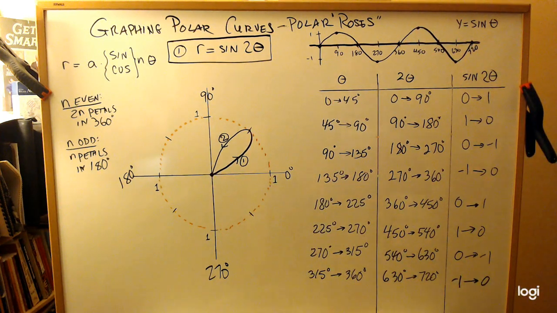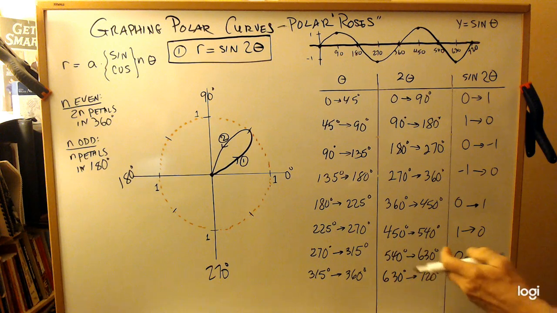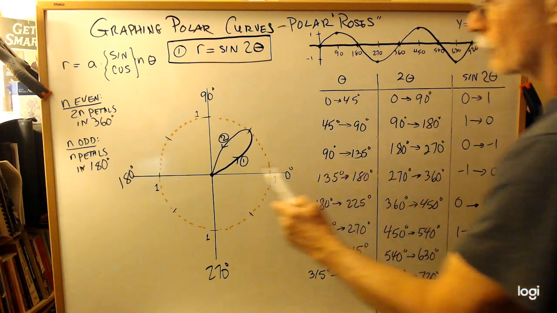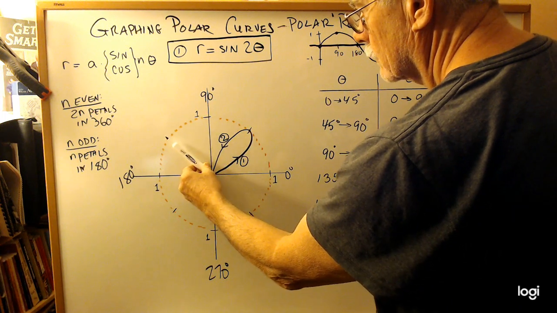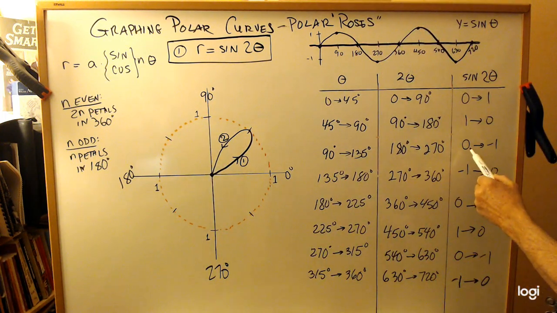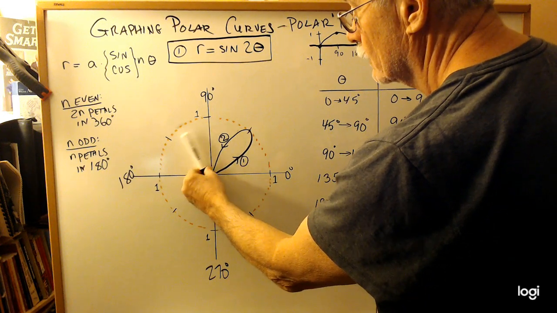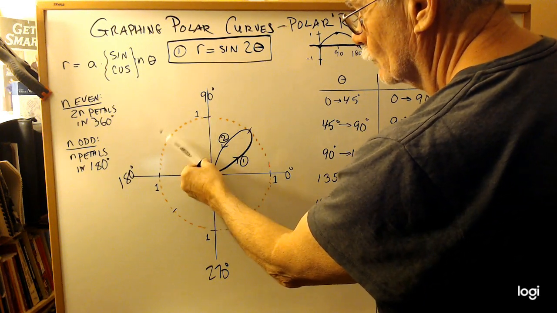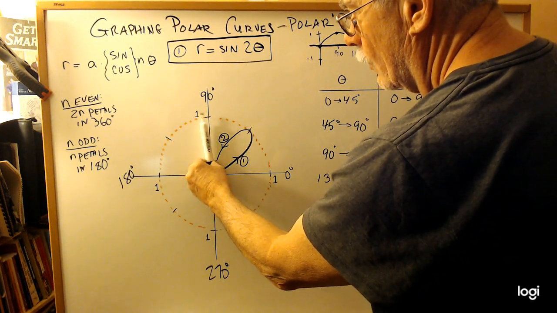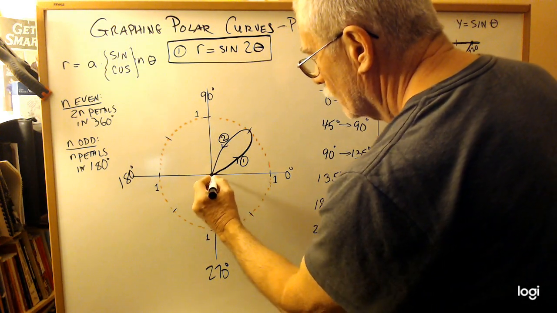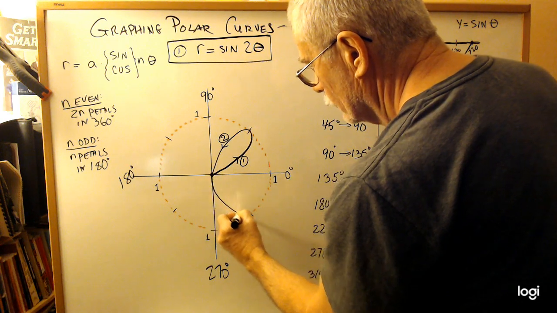Now, as we go on, we're going to look at what happens as theta goes from 90 to 135. In that interval, sine of 2 theta, which is r, is going to go from 0 to -1. So it's going to go through negative values. And we've learned that if r is a negative value, it flips it. So that will give us a third leg of our journey to here.